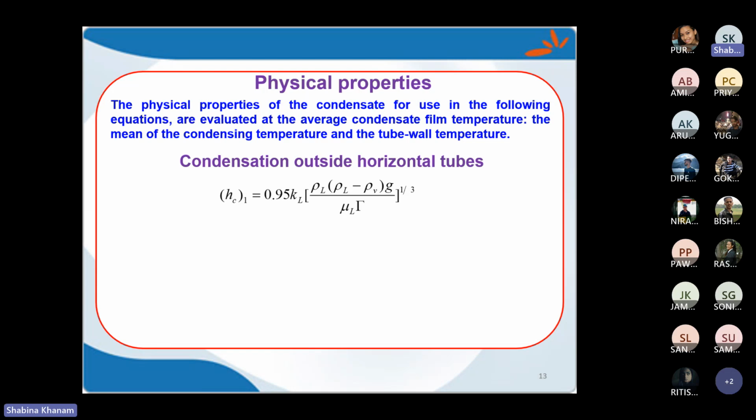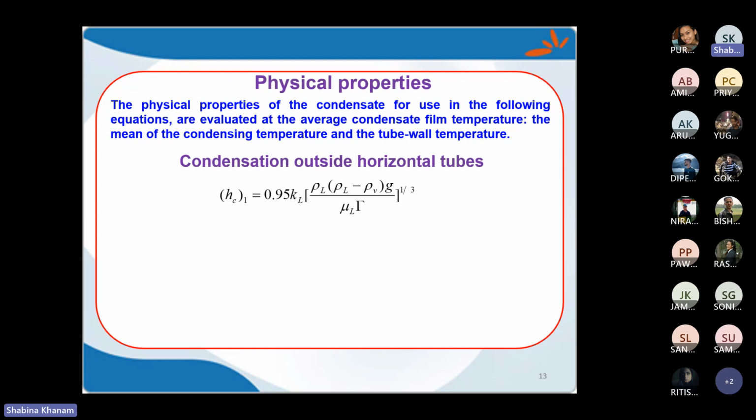This is the empirical correlation given by Nusselt, and this is condensation over the tubes. HC1 means this is only for one tube. If you are considering condensation over one tube, then only this expression will be valid. So it is HC1.